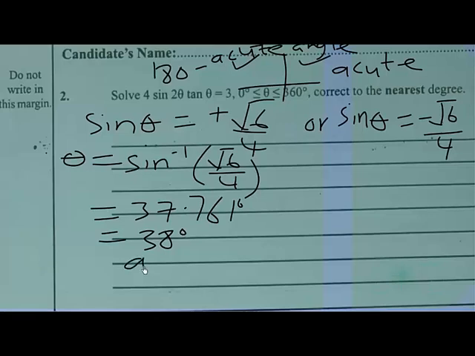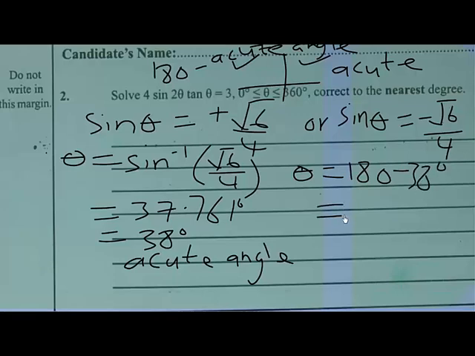So this is the acute angle in the first quadrant. In the second quadrant, theta will be equal to 180 minus that acute angle, which is 38 degrees. So 180 minus 38 will be 142 degrees.